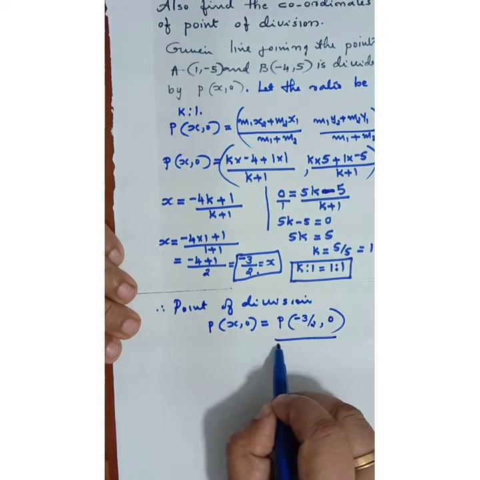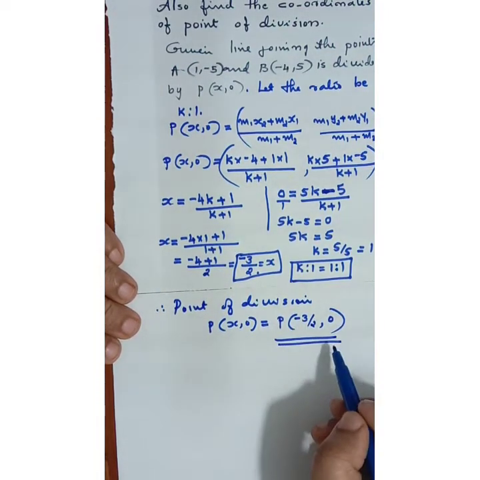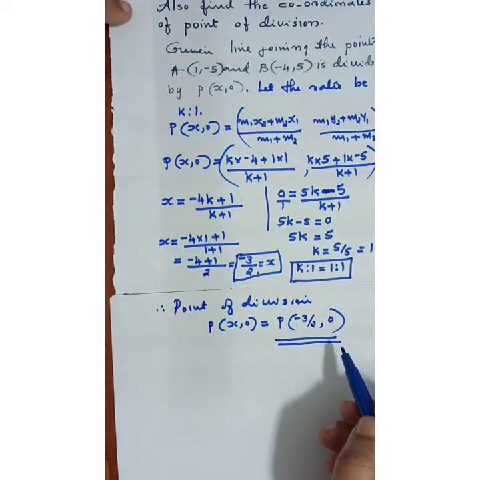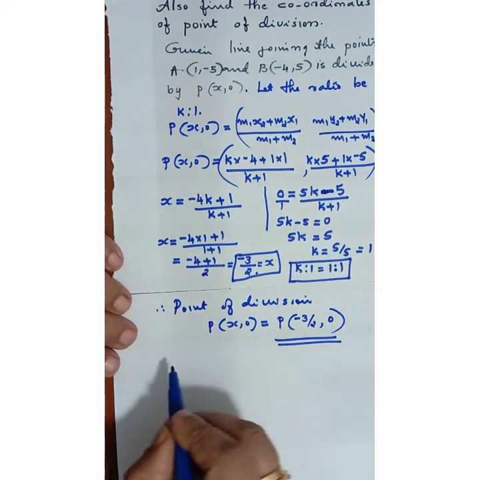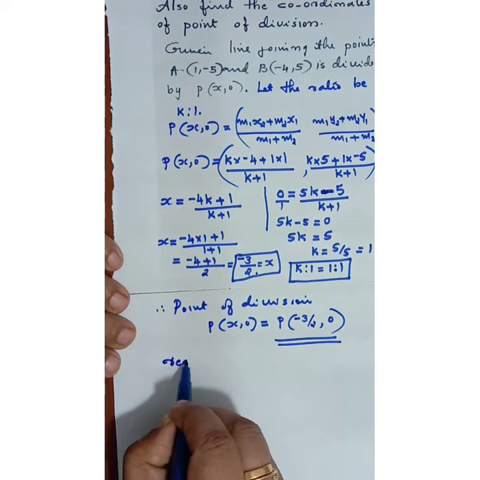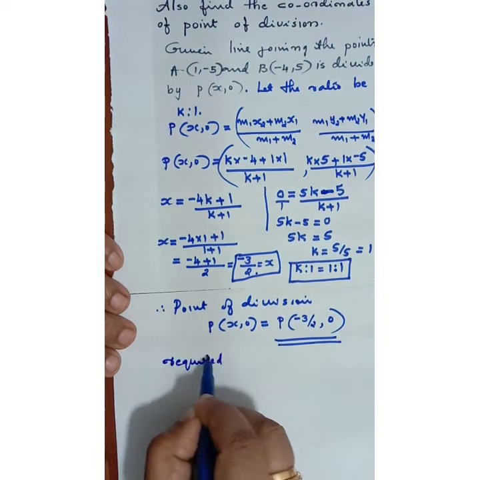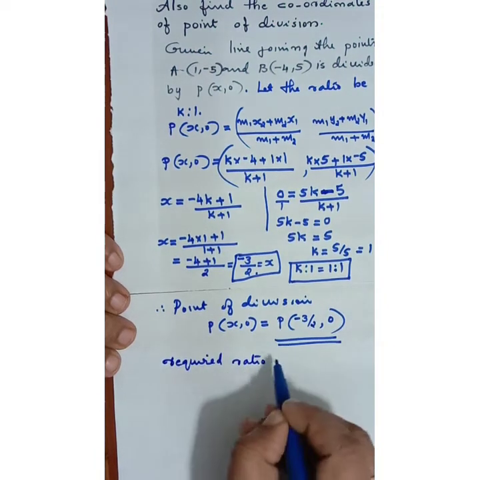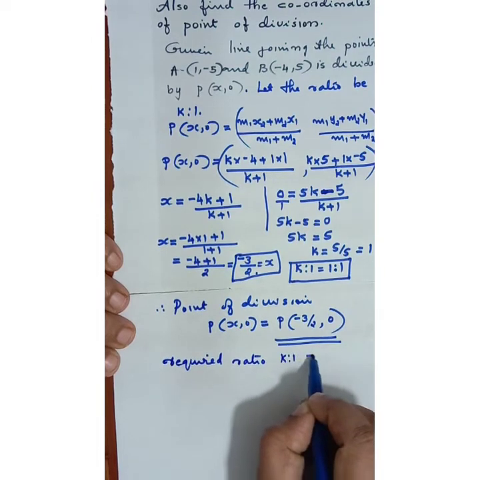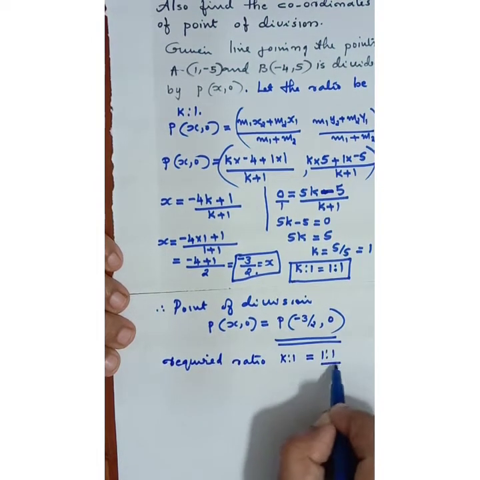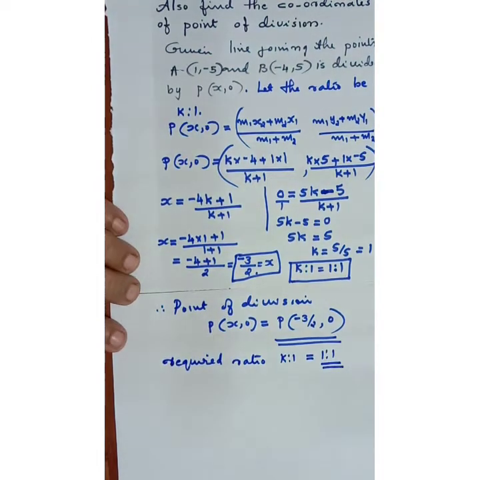Negative 3 by 2 we know is -1.5. So this is one of the answers. Now the other one is the ratio. The required ratio k is to 1 equals 1 is to 1. So both the answers we got.